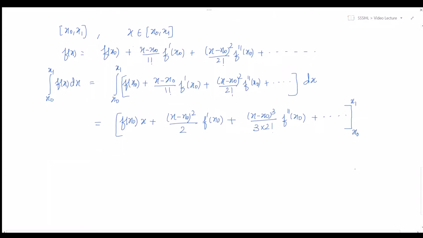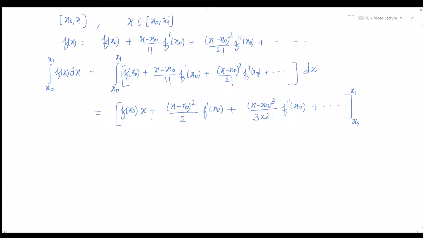In the lower limit, except the first term, all other terms are going to be 0 because x naught minus x naught is 0.